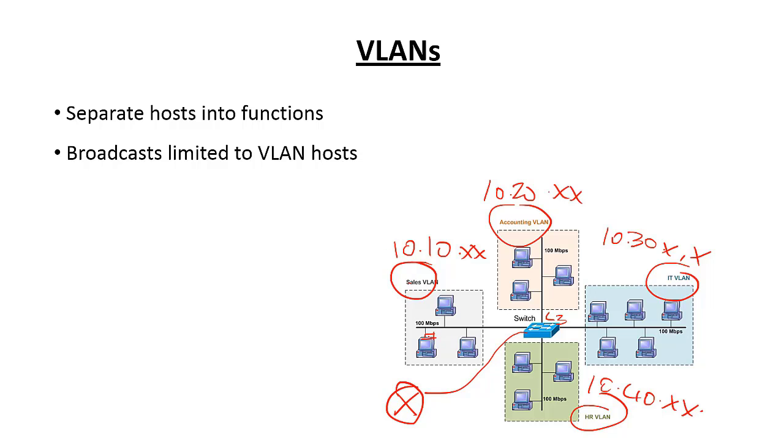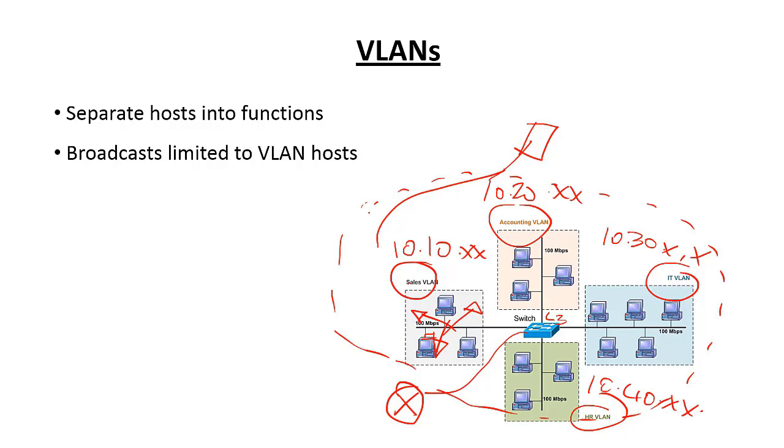If there's a broadcast through this faulty network card here, it's basically restricted to all devices on this VLAN. Then your phone would ring, somebody would call tech support, and it would help you in your troubleshooting, because the broadcast isn't affecting everyone. You're told that everyone in the sales team is getting a really slow network response, and this is known as the divide and conquer method of troubleshooting.